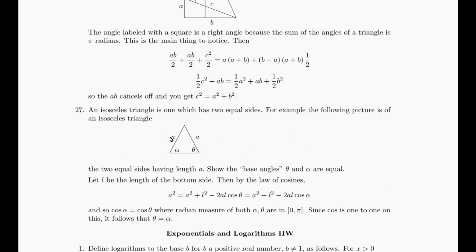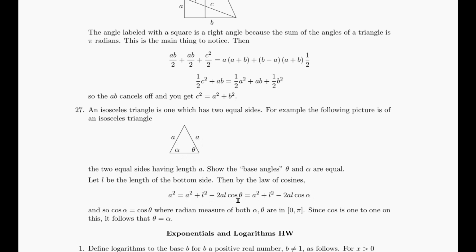All right, so here we have our isosceles triangle, and by the law of cosines, a squared is equal to this a squared plus L squared, where L is going to be the length of this base, minus 2 times AL times the cosine of theta. See? All right. And I can do the same thing with the other angle.